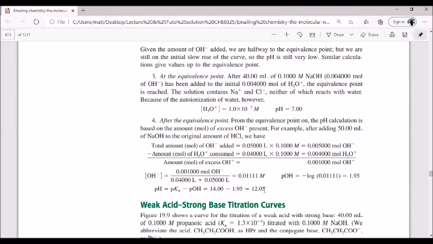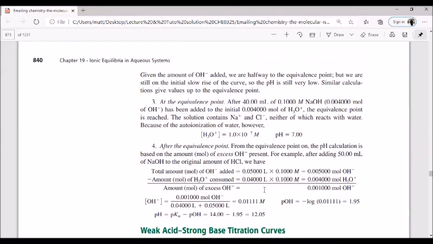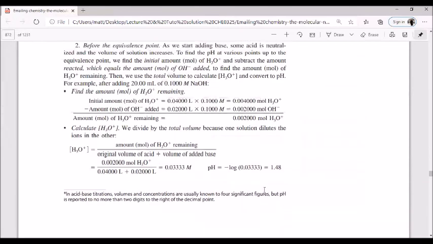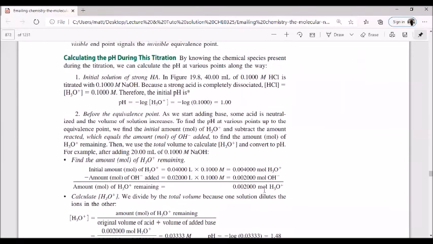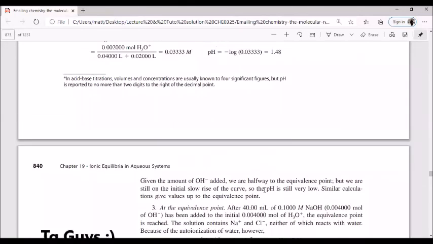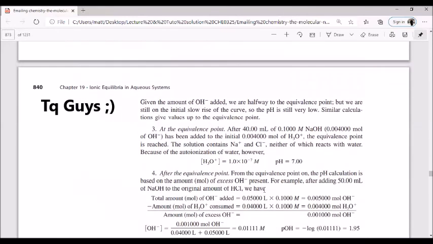Right, so that is how to calculate the pH at 4 points: at the initial point, before the equivalence point, at the equivalence point, and after the equivalence point.